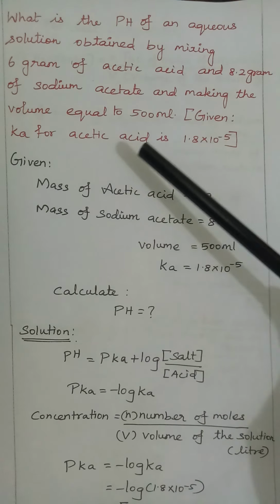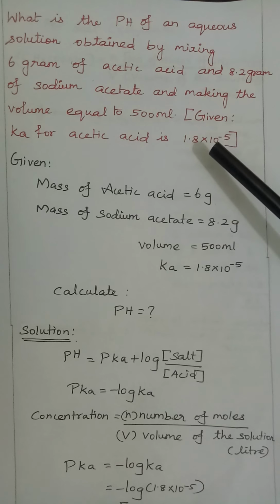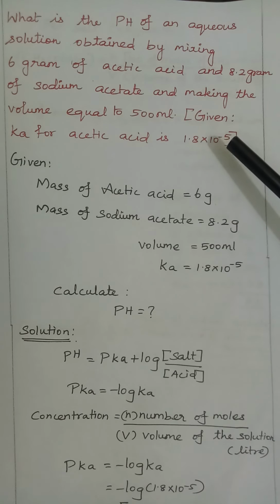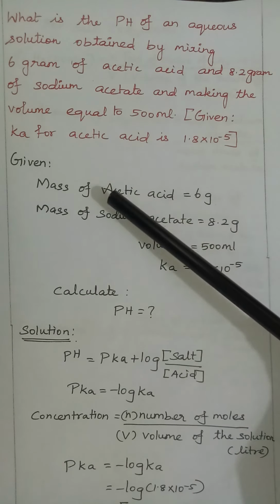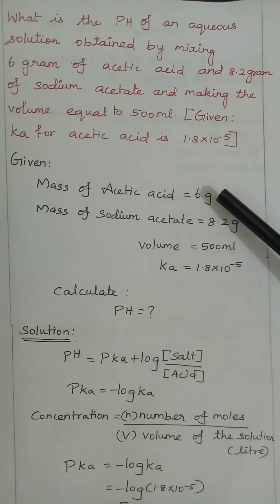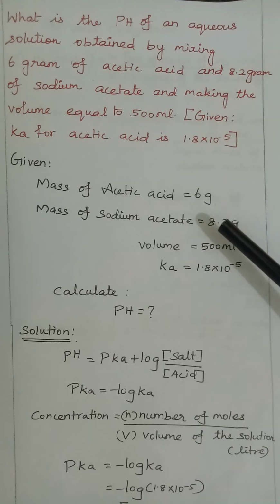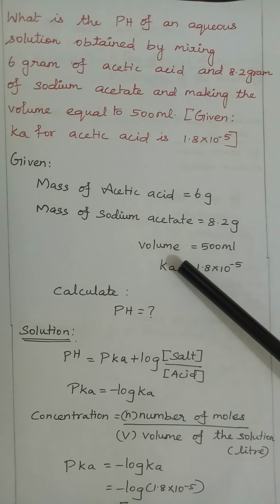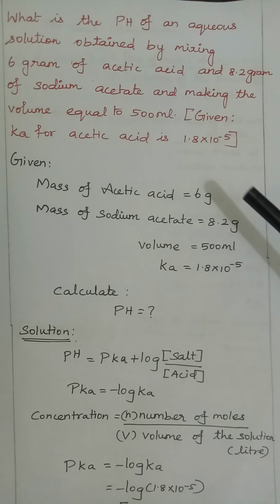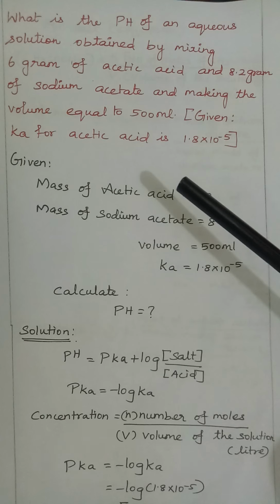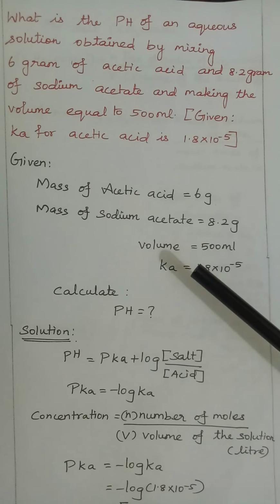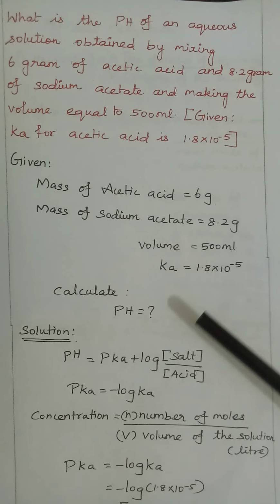Given Ka for acetic acid is 1.8 × 10^-5. The mass of acetic acid is given, 6 gram, but not the concentration. The mass of sodium acetate is given, but not the concentration. Volume is 500 ml.